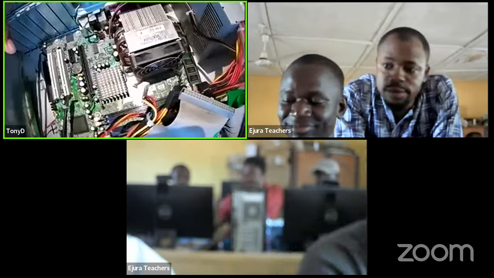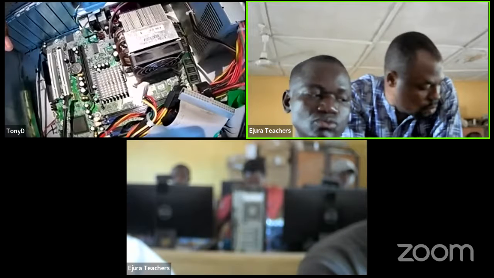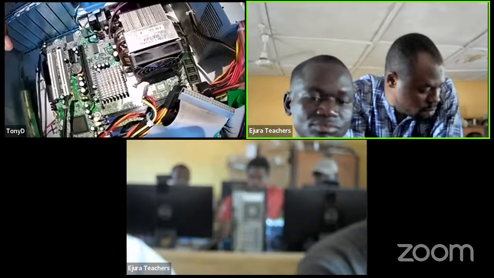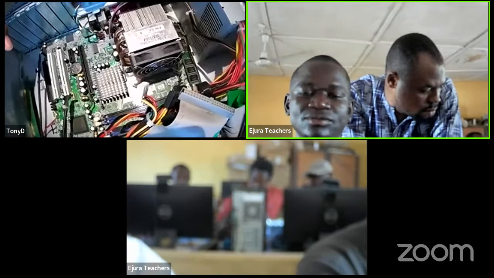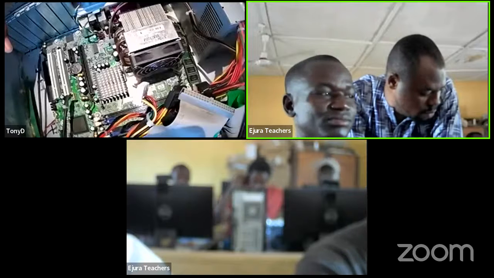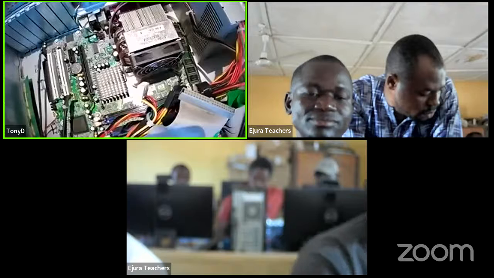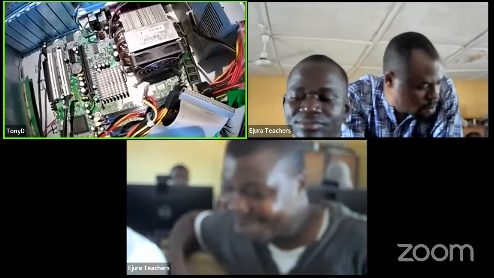So, can the computer operate without the CPU? No. Why? Because the CPU is the engine, the brain of the computer. Okay. So let's use ourselves, for instance.